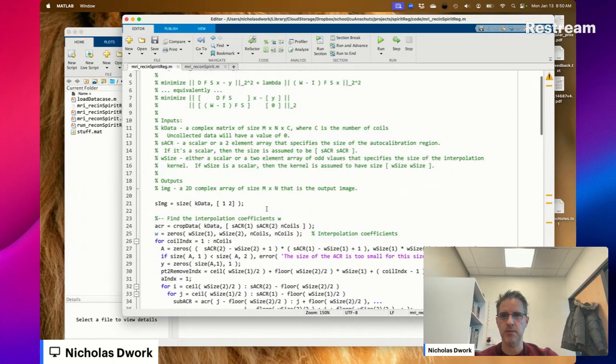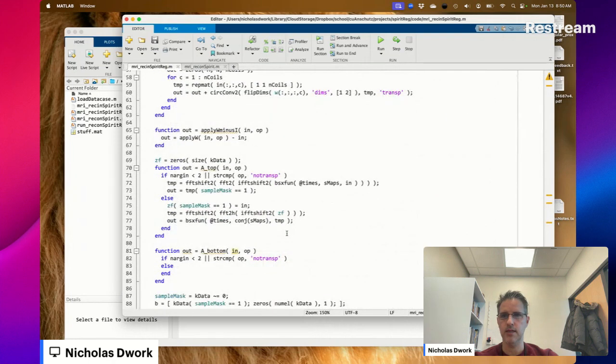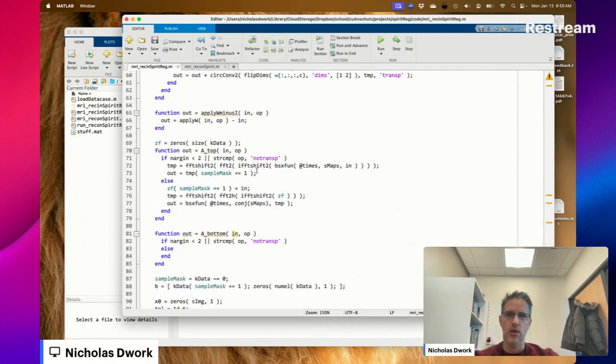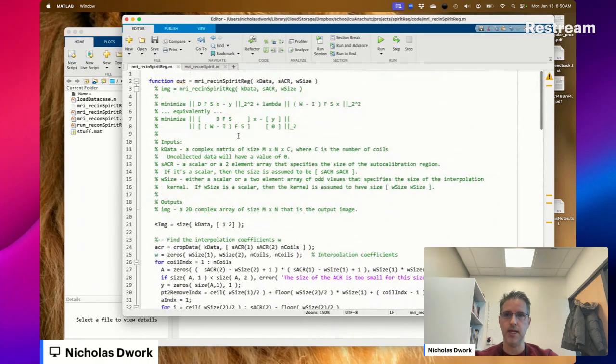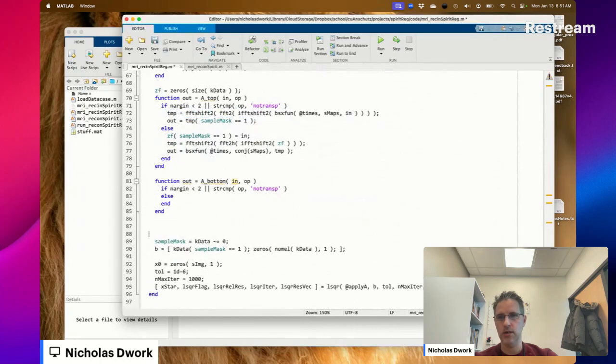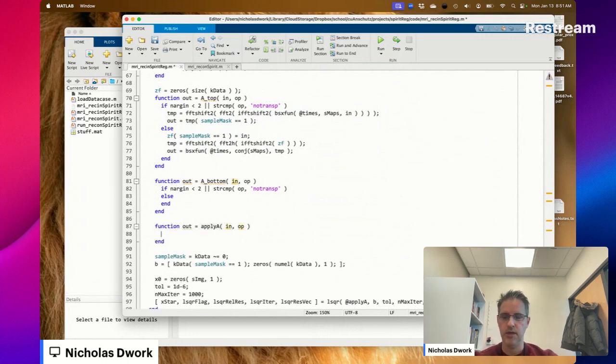So what's A bottom going to be? Well, it's just going to be this. And so this brings up an interesting thing. We're doing this in A top, and we're going to have to do that same thing in A bottom. So instead of replicating that operation, which is actually quite expensive, we're just going to create an apply A, and we're going to put this operation here.